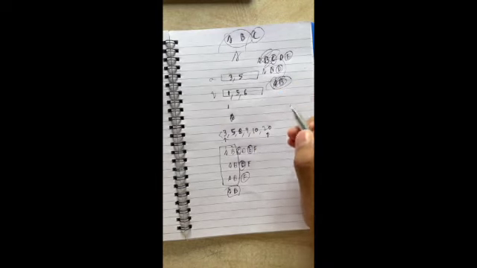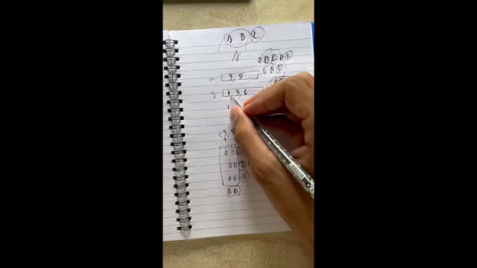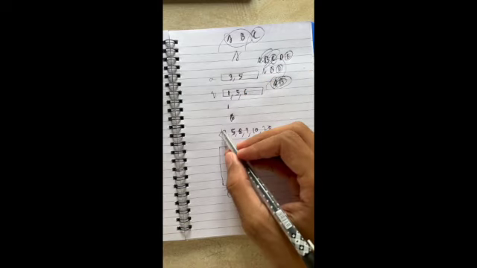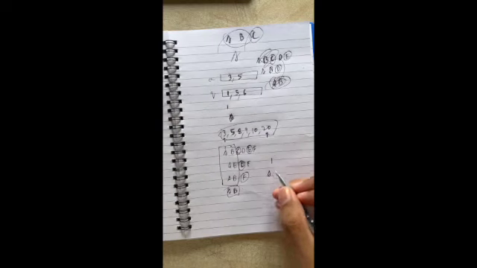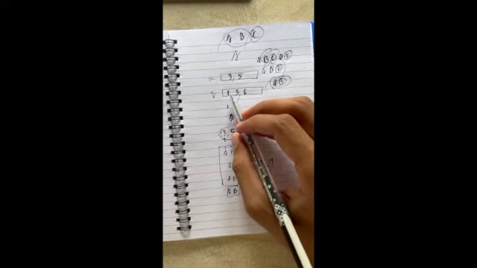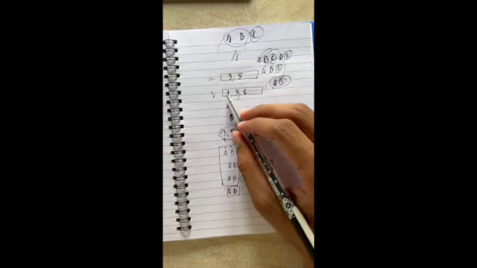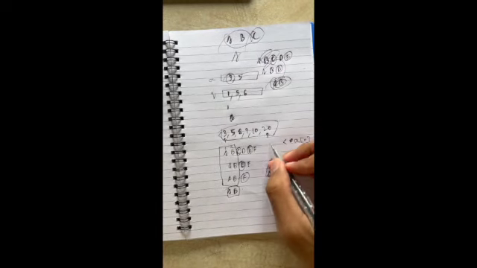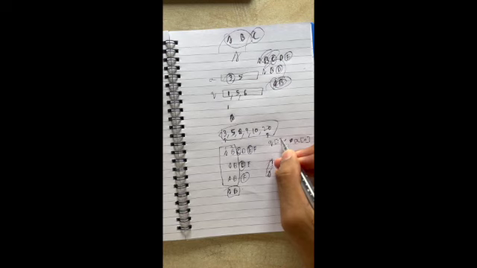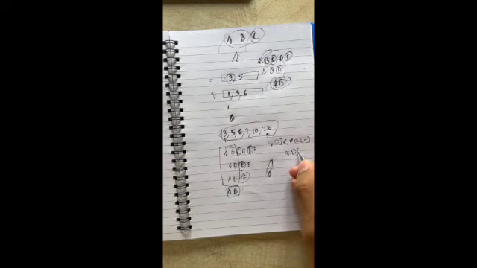Another thing is, if Q is 1 and the only player is A, then 1 is the answer, because A is the only player there. So the conclusion is: if the value of Q of I is less than A of 0, the first value of A, then we'll print Q of I, because that will be the answer.